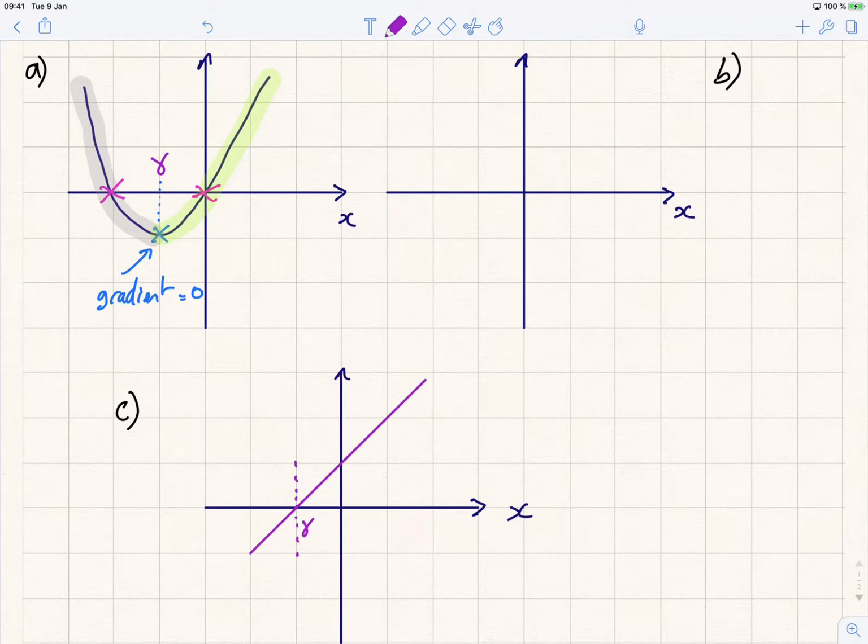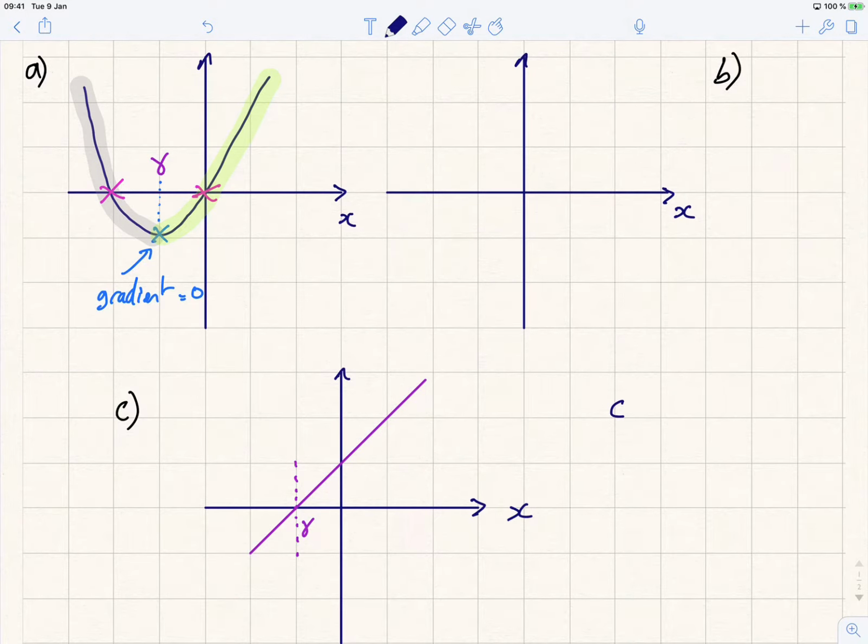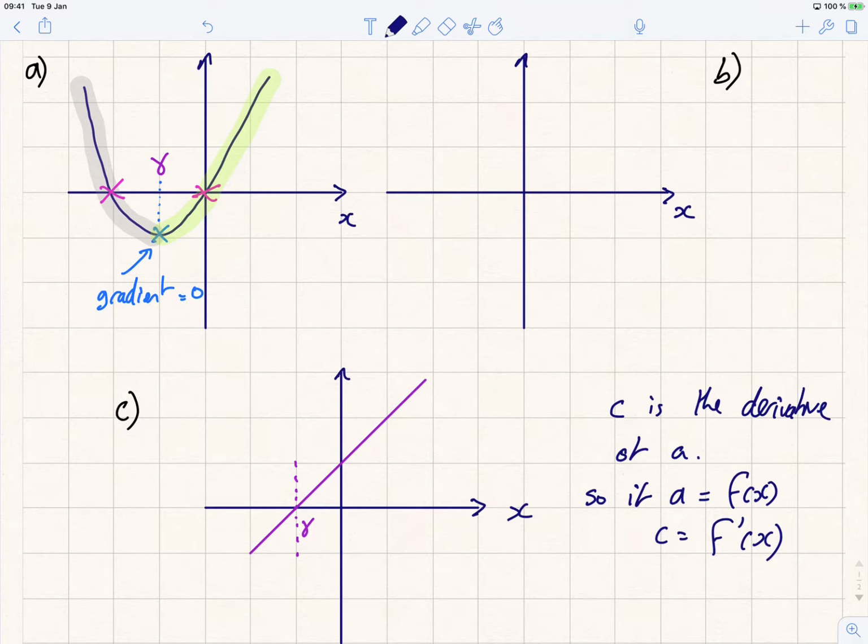And that's there. So I know from this that C is the derivative of A. So if A is equal to f of x, C is equal to f prime of x.